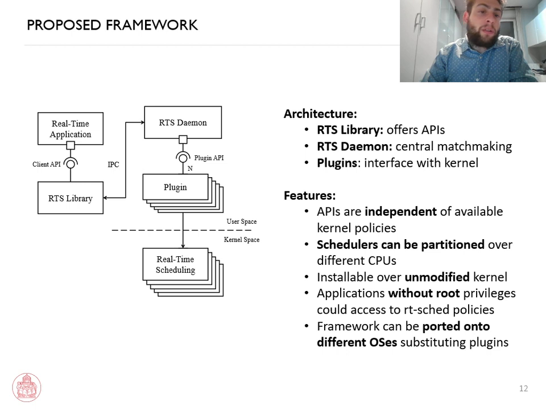And this modularity offers a set of features because APIs are independent of available kernel policies. Schedulers can be partitioned over different CPUs, and the framework can be installed over an unmodified kernel because plugins rely on policies offered by the native Linux kernel.